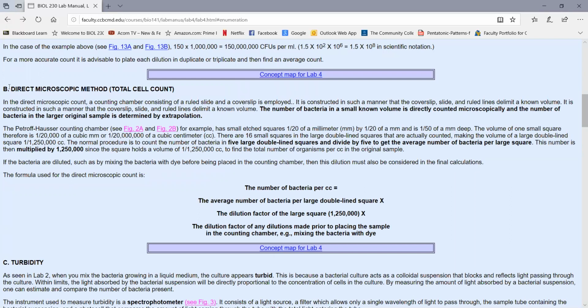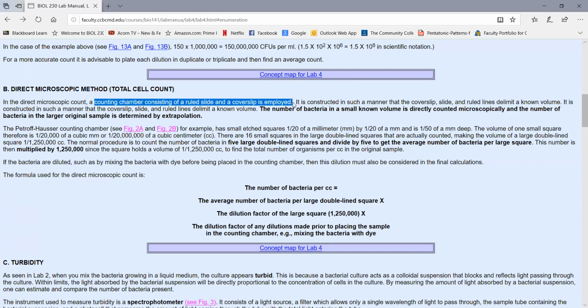Now, you will have to be able to do a problem regarding the direct microscopic method or total cell count. And this is a technique that gives us an actual count of the number of bacteria using a microscope. So this uses a special counting chamber. It's a highly precise microscope slide that has ruled lines on it and a cover slip that sets up a specific height.